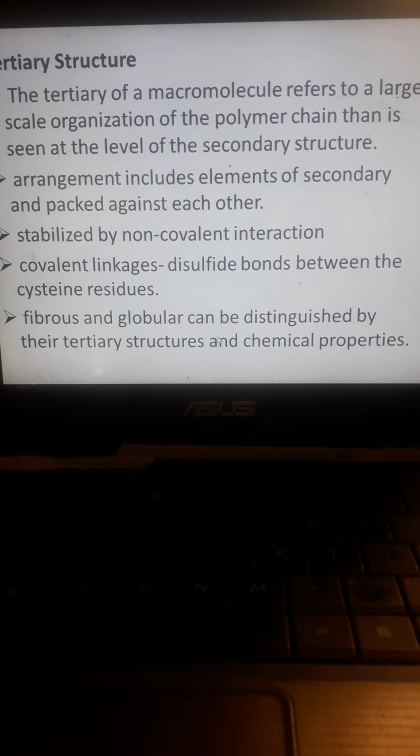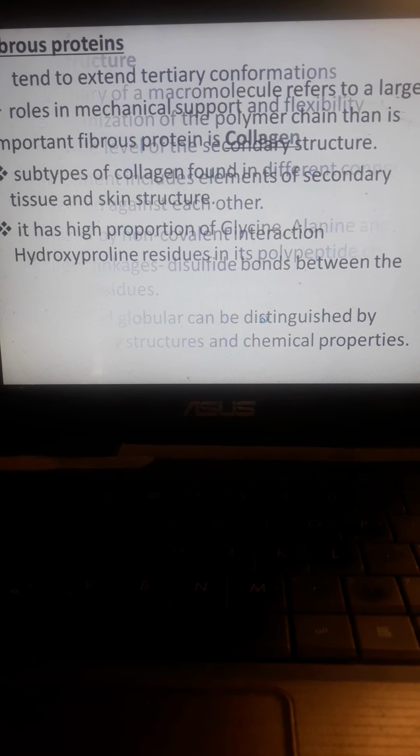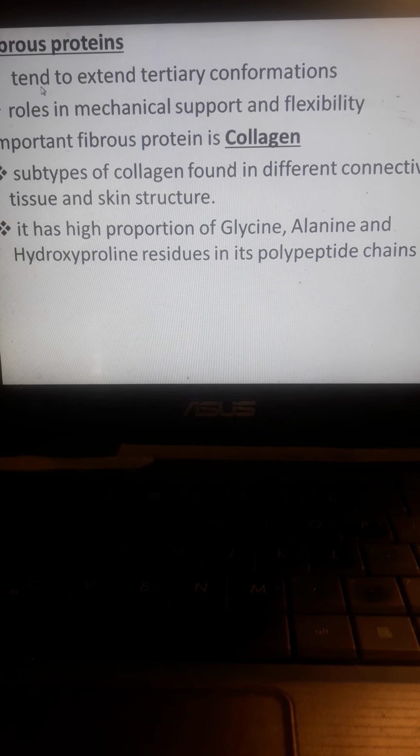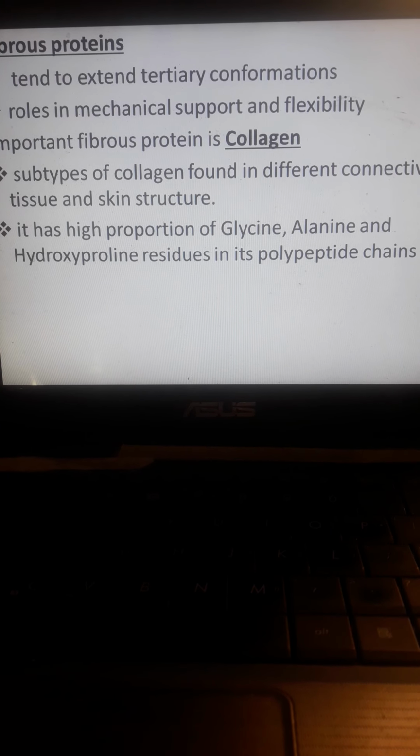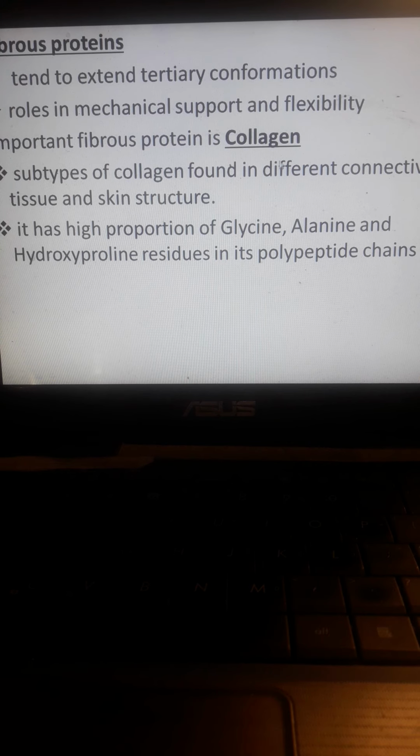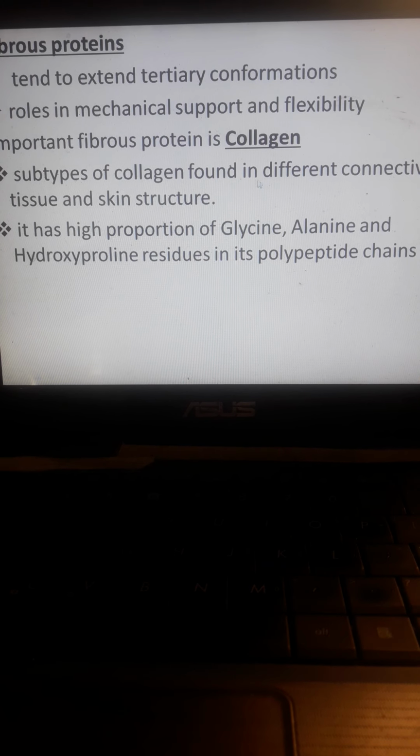Fibrous and globular can be distinguished by the tertiary structures and chemical properties. So fibrous proteins tend to extend tertiary conformations. Take note, roles: mechanical support and flexibility. So that is the work of the collagen fibers, the yellow fibers, white fibers, and we have the yellow fibers known as the elastin, okay, found in the muscles.